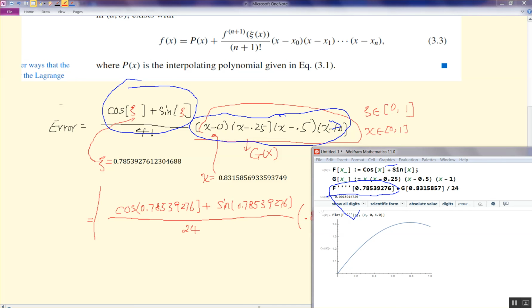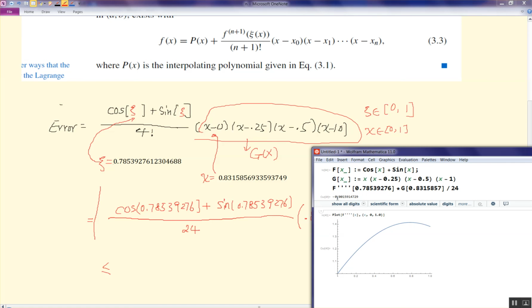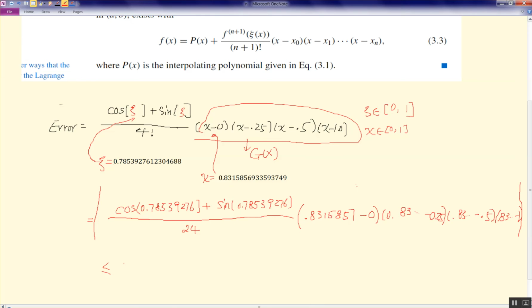So I type in my g, and therefore this is my g at the second critical point divided by 4 factorial. At the end, my final answer is that this is going to be less than or equal to 0.00159. So this is my error bound.